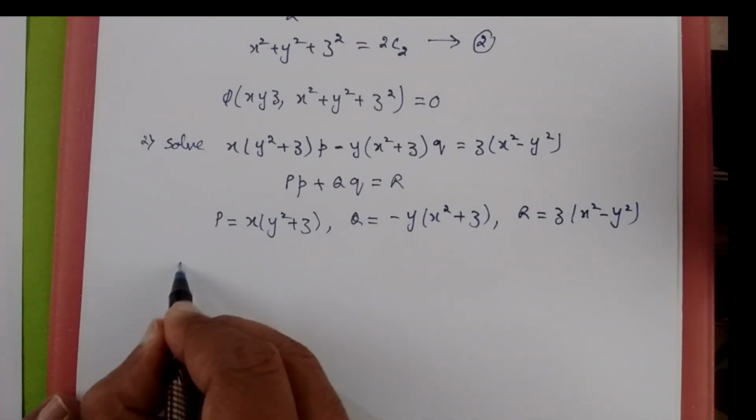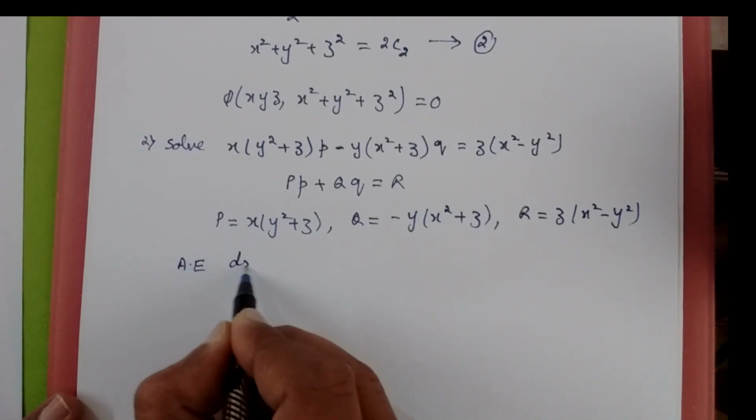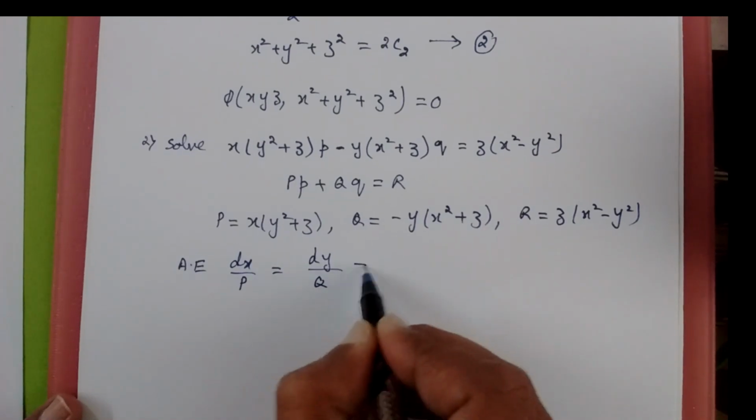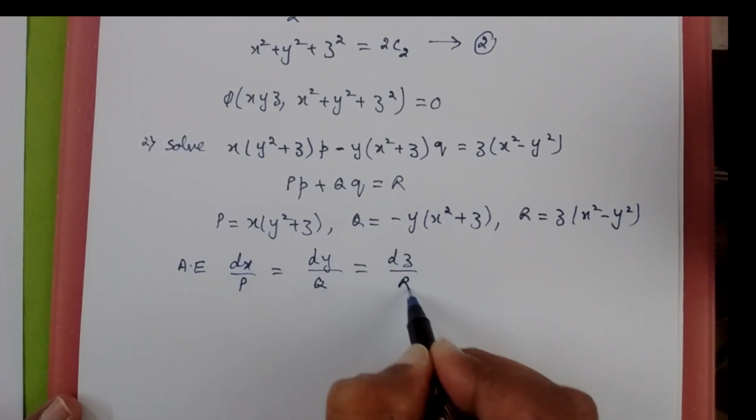Therefore the auxiliary equation will be dx by P equals dy by Q equals dz by R.